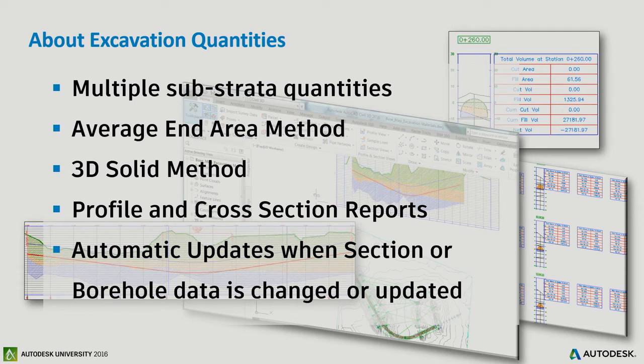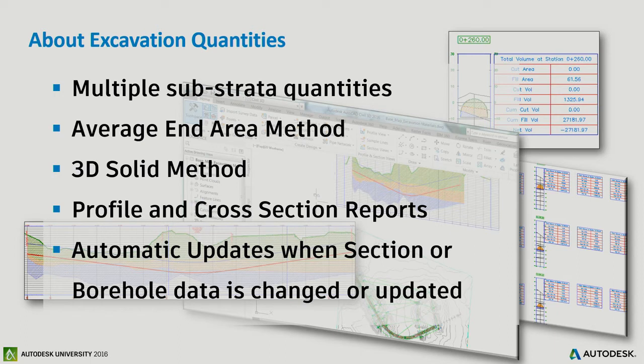So, about the excavation quantities, because I know excavation for subsurface work is extremely important, we have several ways to determine those quantities. The way I just showed you is what? Average end area. I can also do 3D solids. I can extract these as 3D solid chunks, and that's going to also give me a good mass property to get me the volume.